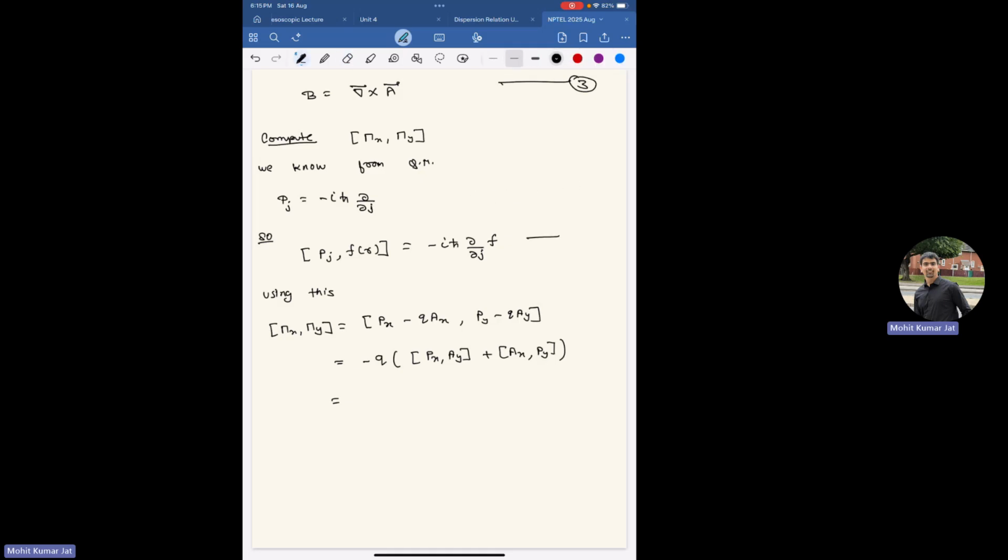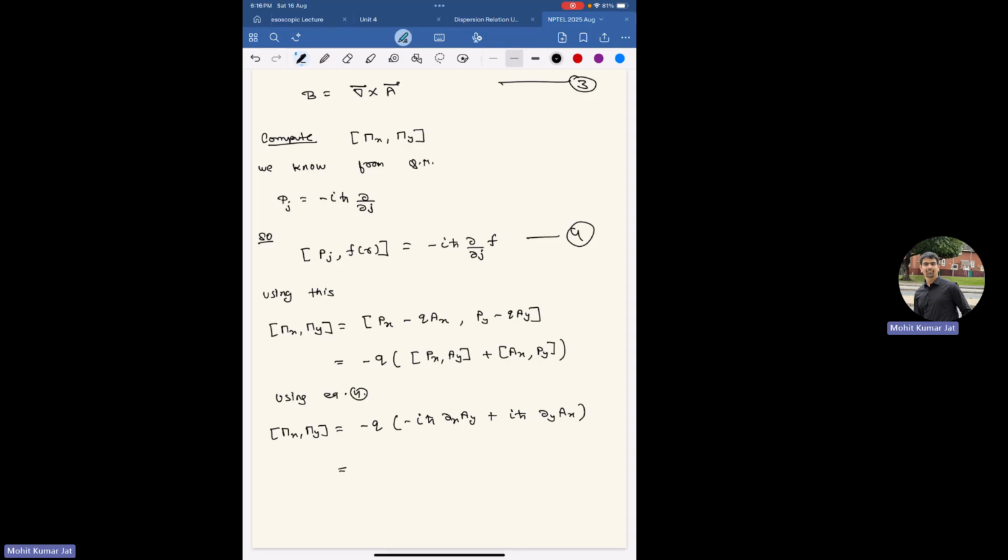If you follow equation number 4, you can rewrite it as the commutator of pi x and pi y equals minus q times minus i h bar del x Ay plus i h bar del y Ax.